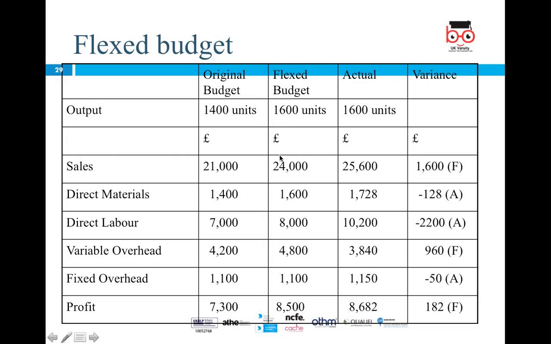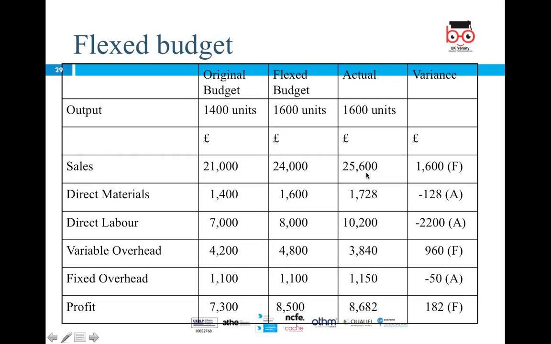But we flex the budget in some units in terms of sales and materials and everything. So some figures are here. Then we make the variance.